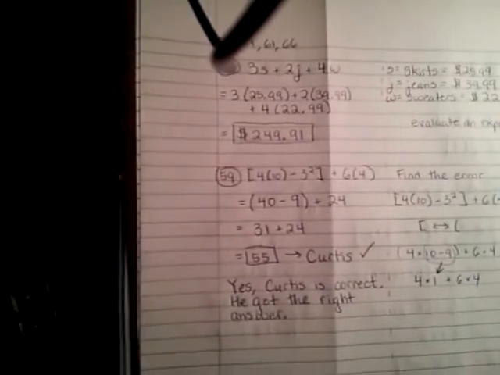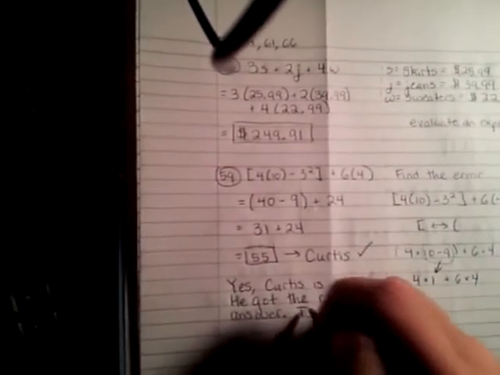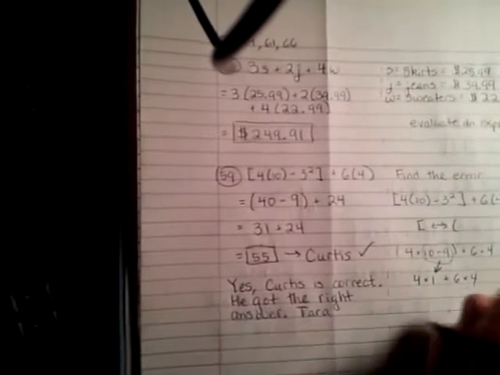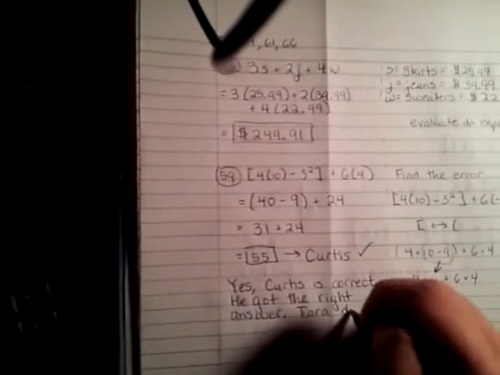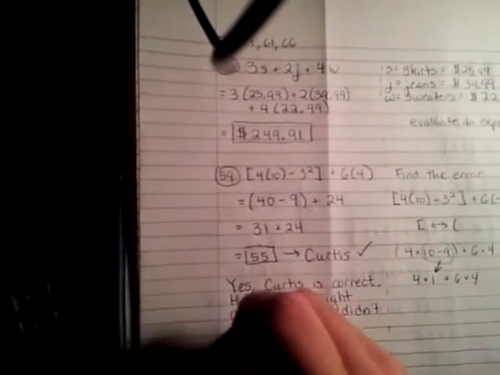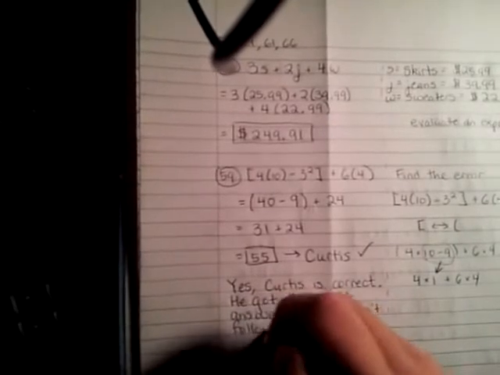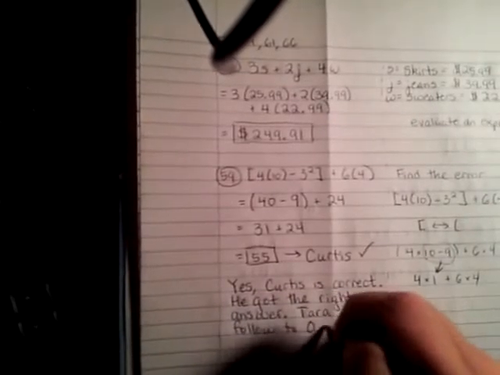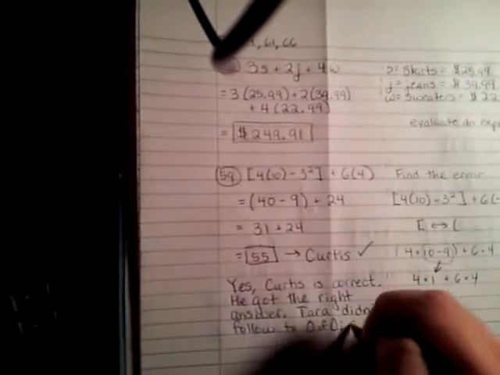So let's write that down too. That's part of giving a nice detailed answer that clearly explains our reasoning. I'm going to write down that Tara didn't follow the order of operations.